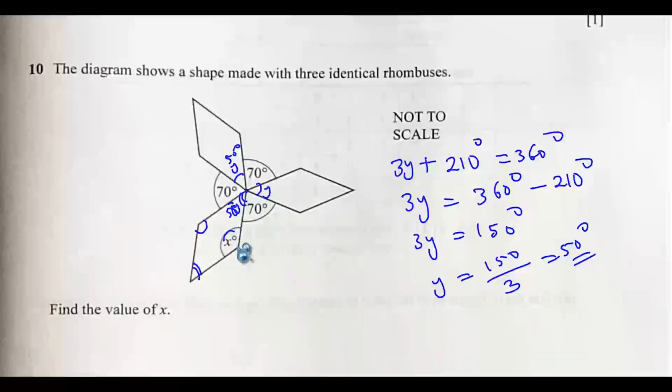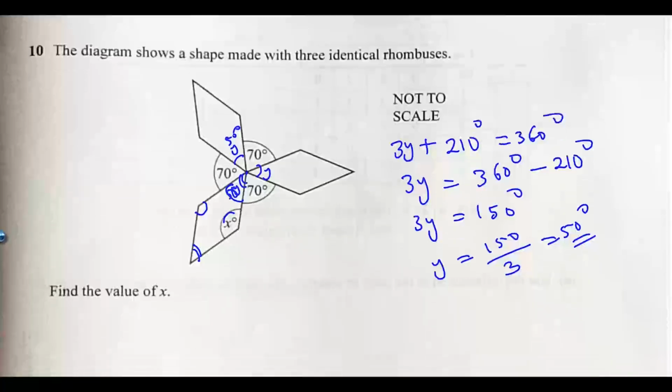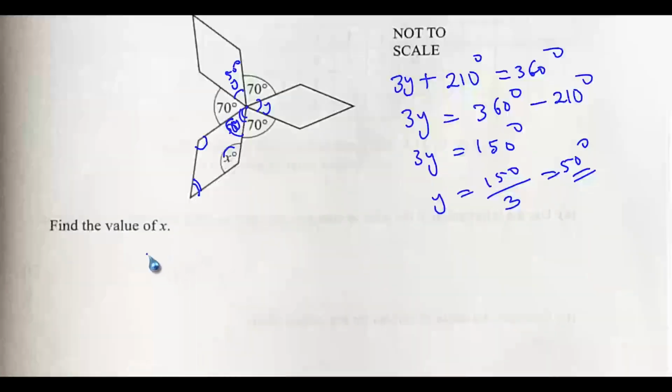Okay, so from this, don't forget that earlier in this solution I told you that this angle and angle X are adjacent angles, and I told you that they add up to 180 degrees. Okay, so we can say angle X plus angle Y will be equals to 180 degrees.